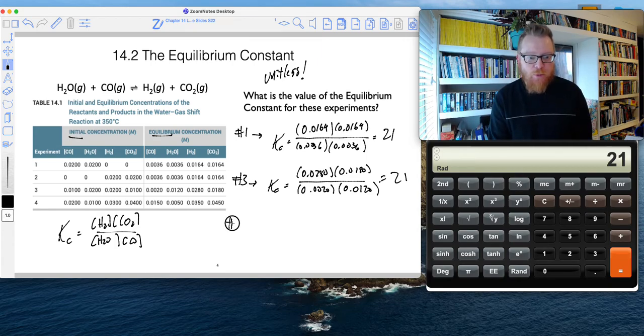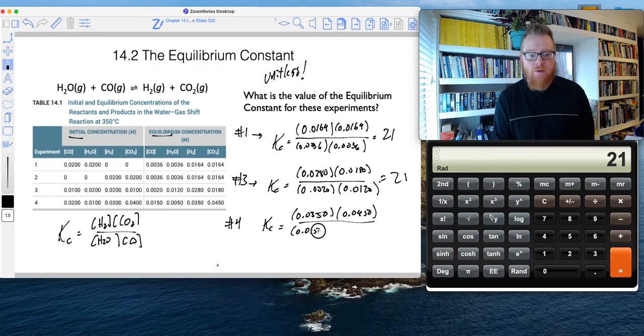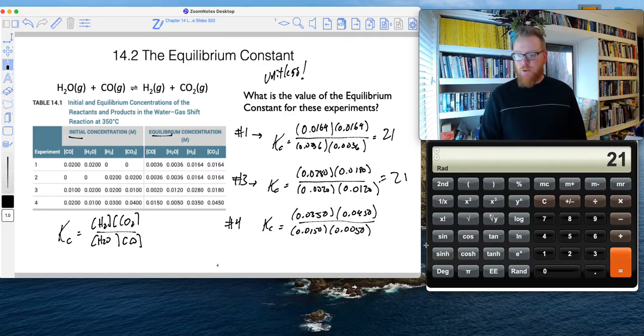And just to prove that this works, right, for number 4, you can see once again a whole different set of concentrations. And if we were to go and calculate all of this stuff, so I'm just going to put in all of these values here and calculate them away. Okay, so let's do that.